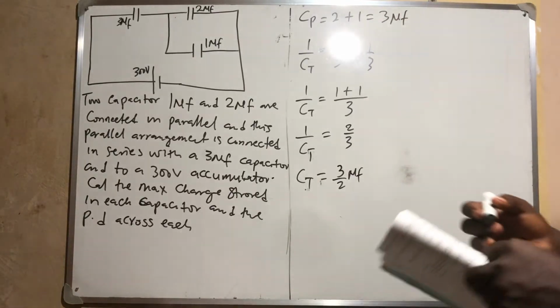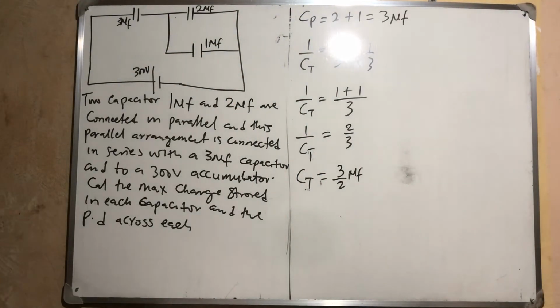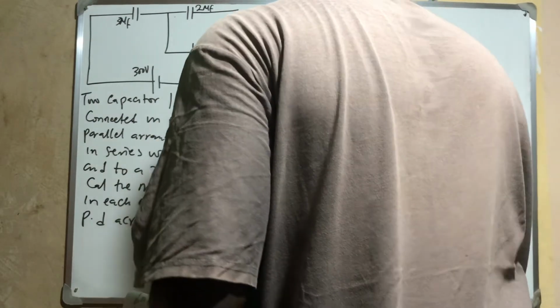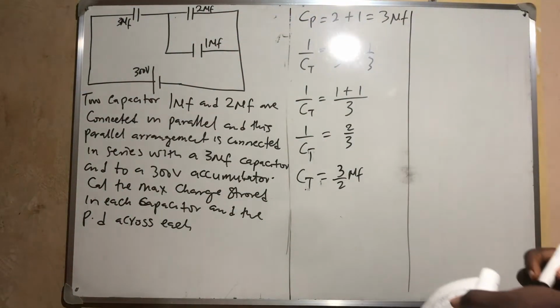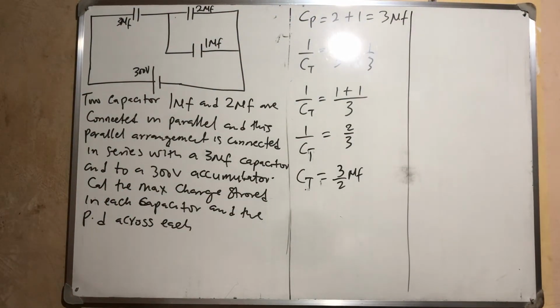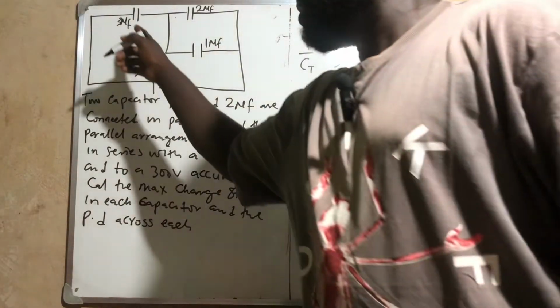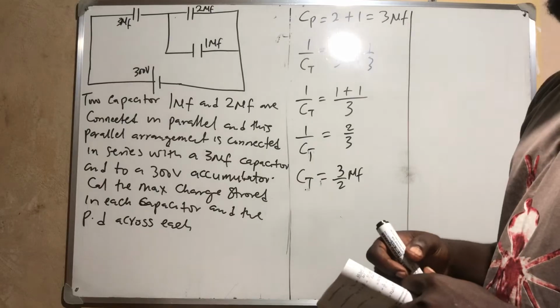Okay. Now don't forget that the potential difference across capacitors in parallel is the same. Don't forget your P to P. So since you have gotten this, we can now calculate the potential difference across each of them. It is very obvious that the potential difference across the ones in parallel is the same.